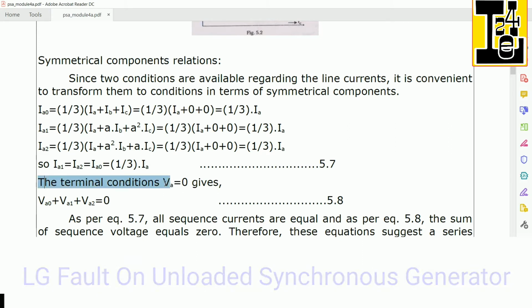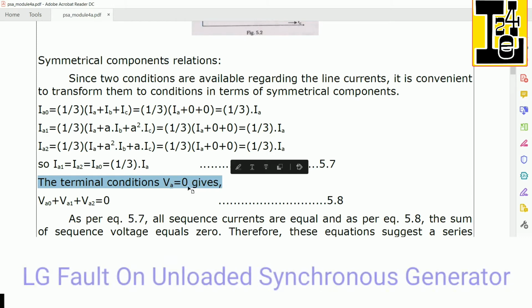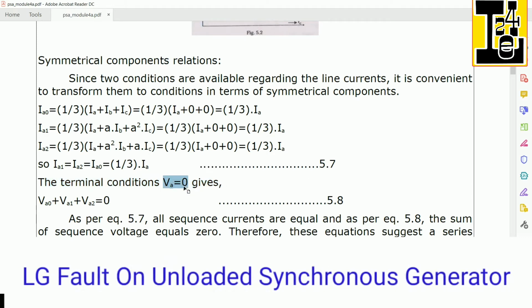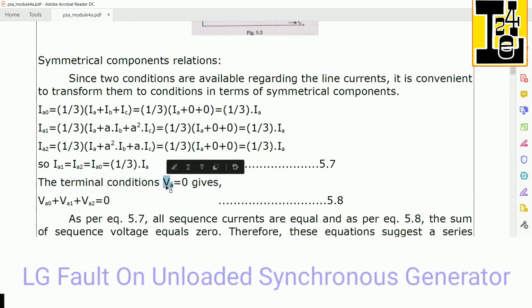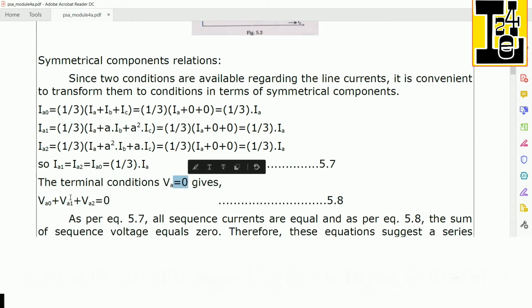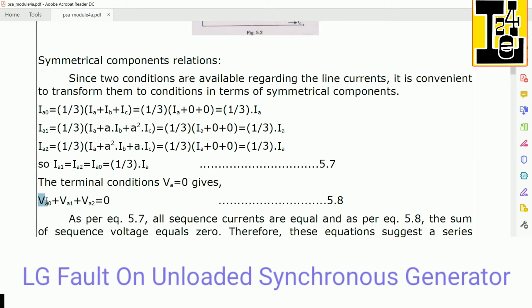Next, we have a terminal condition VA equals 0, but we know that VA equals VA0 plus VA1 plus VA2. As VA equals 0, the sum of the sequence voltages equals 0. This is the second symmetrical component relation.